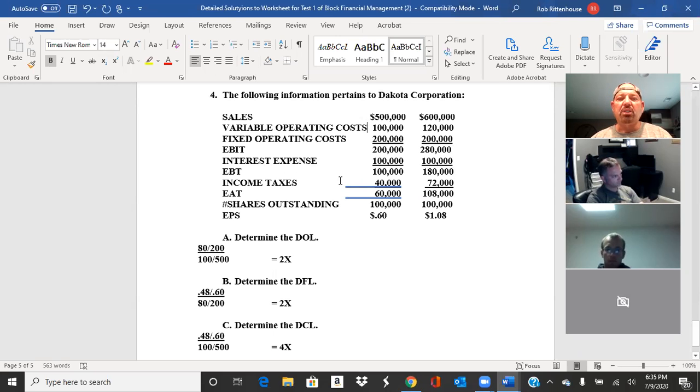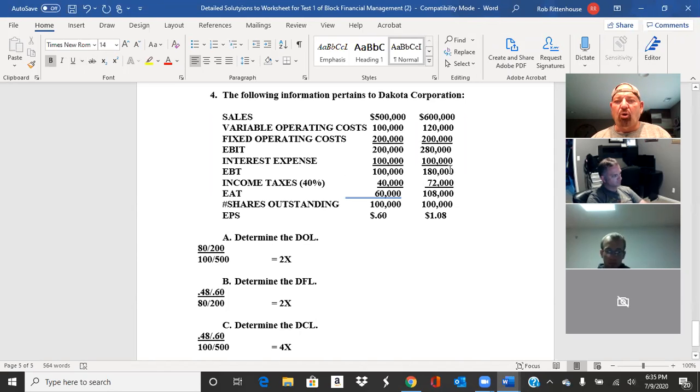Okay, then the tax rate, that one I'll go ahead and put in here because I've got plenty of room for that. The tax rate was obviously 40%. So given a 40% tax rate, 40% of 180,000 is 72,000.